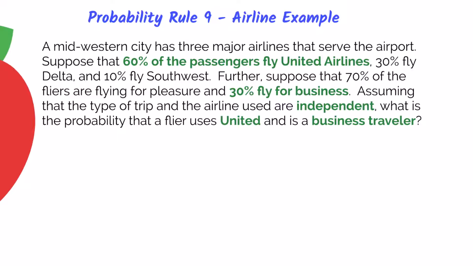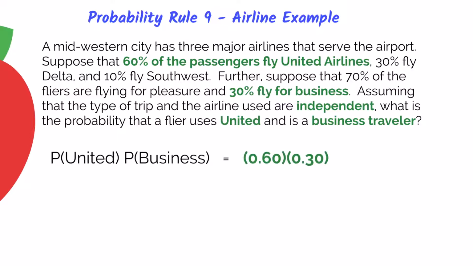If the type of trip and the airline used are independent of each other, what's the probability that a flyer uses United and is a business traveler? We'll take the probability of a United flyer and the probability of a business traveler and multiply them together. The probability a passenger flies United Airlines is 0.6 and flying business is 0.3. We multiply them together and we get a 0.18 chance of a United traveler traveling on business.